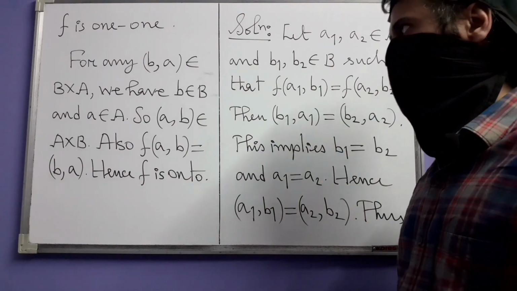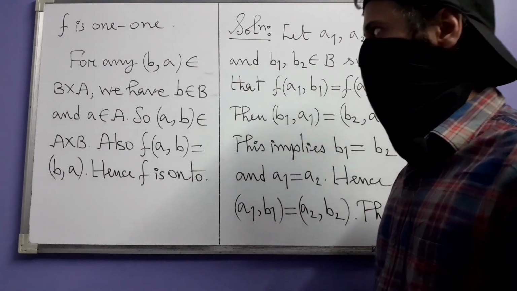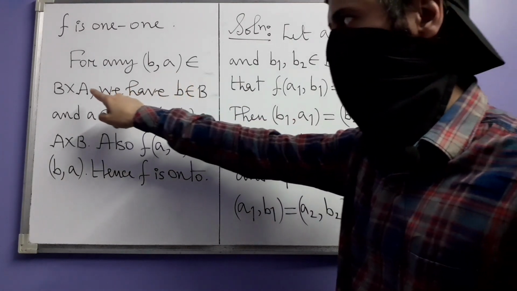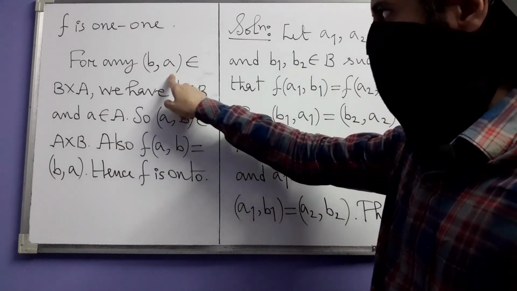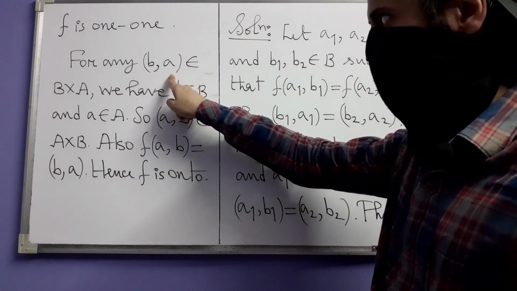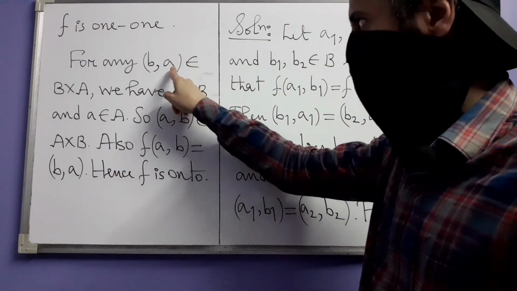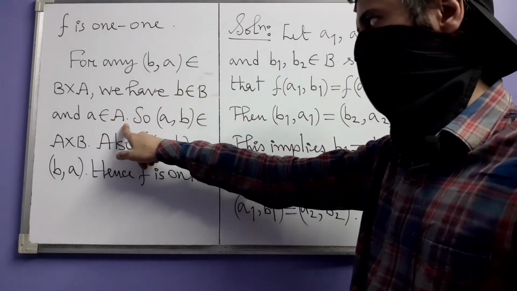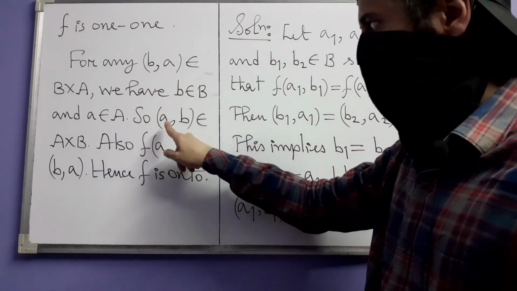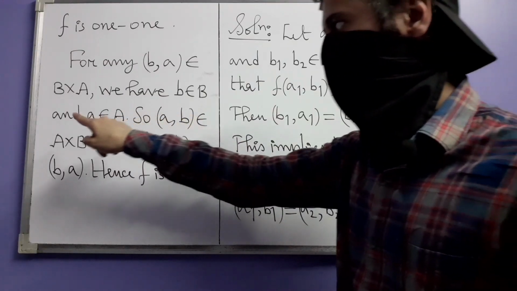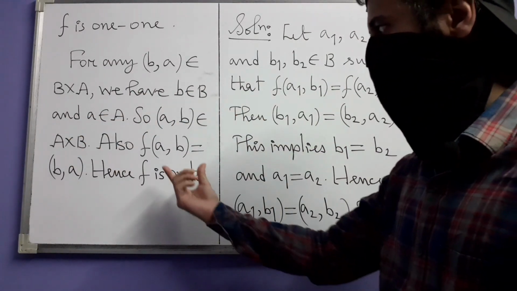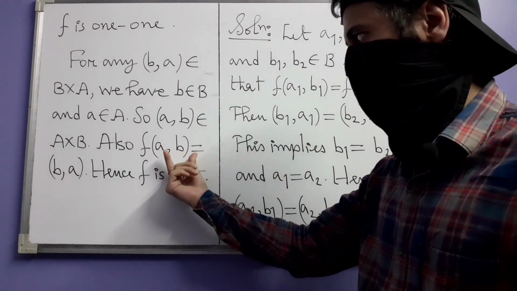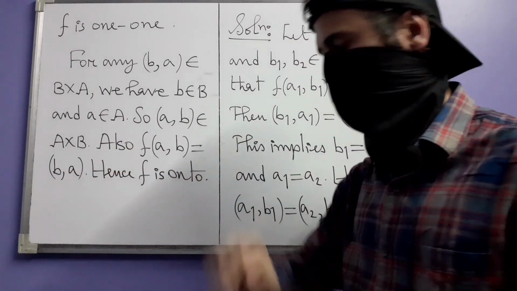And next we go for ontoness. For ontoness, we take an arbitrary element in the codomain of f, which is B times A, and that element is say (b, a). Then obviously b belongs to B and the second coordinate a belongs to A. But then the ordered pair (a, b) will belong to A times B. And not just that, if you calculate its f image, by definition that is (b, a).